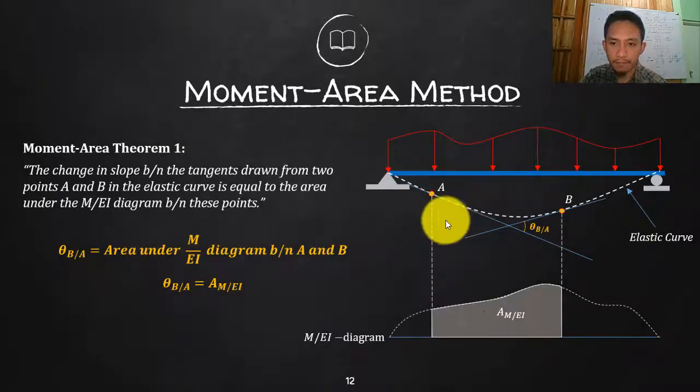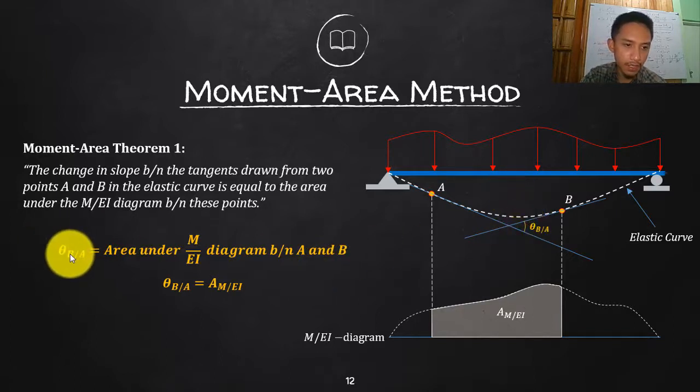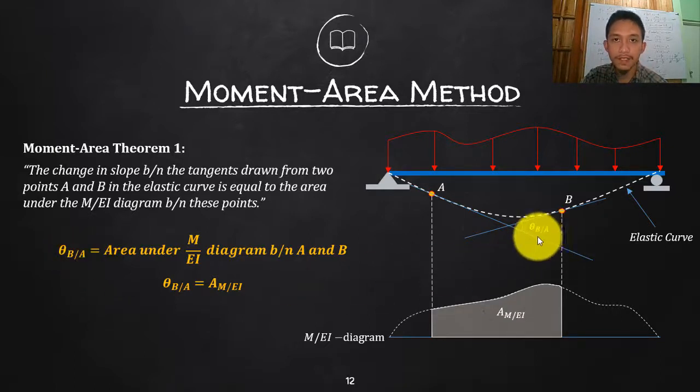But going back to theta, how do we read theta B over A? That is the rotation of B with respect to the tangent drawn at A. That is the meaning of that B divided by A: the angle of the tangent at B with respect to the tangent drawn from another point, which is A.